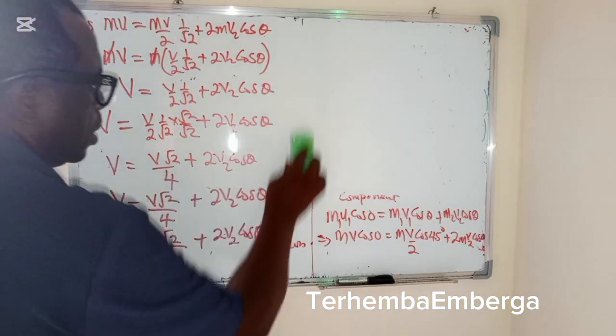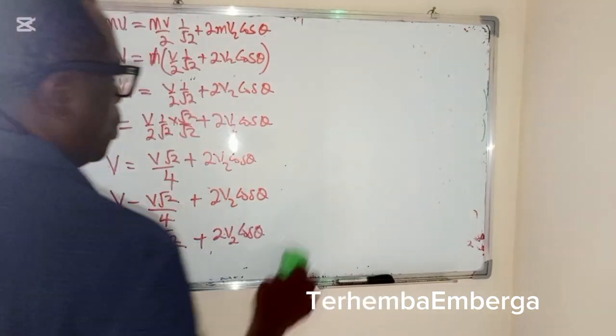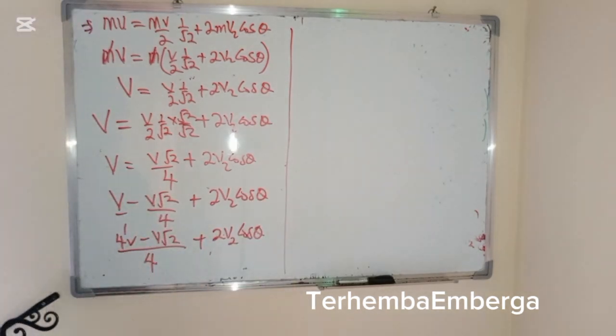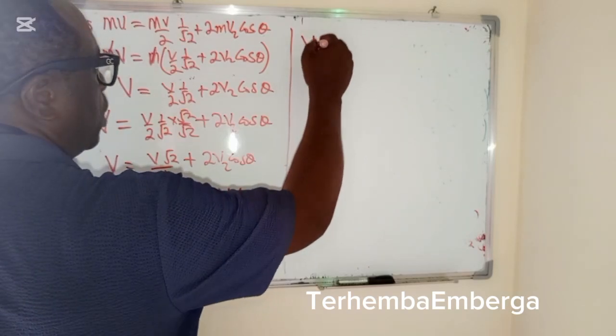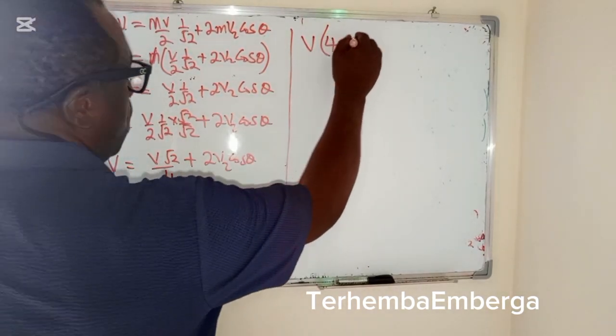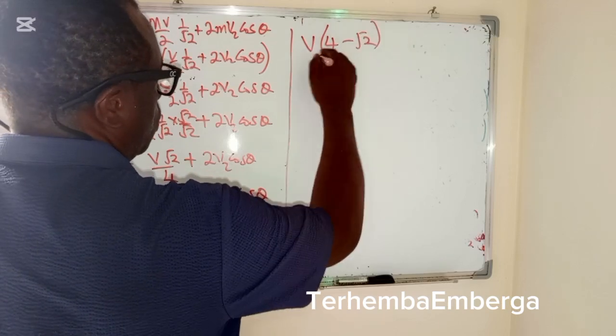We know that v is common, so we can write this in the form v into 4 minus root 2 all over 4.